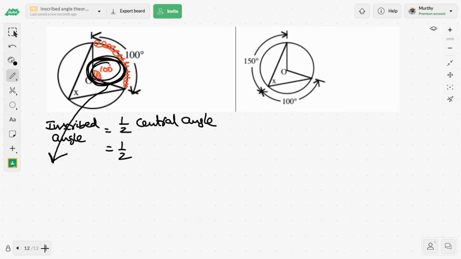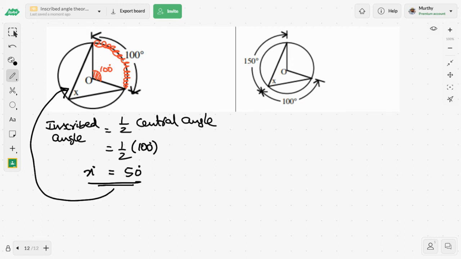It won't go here. The central angle value you have to plug in here. So it is half of 100 degrees, that gives me 50. So that's the measure of the value of x, or I would say that's the measure of the inscribed angle.